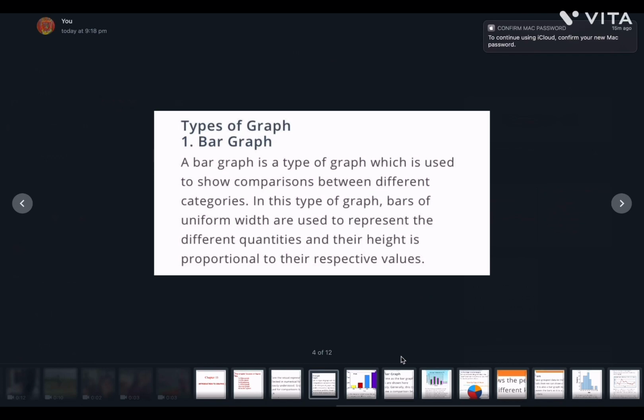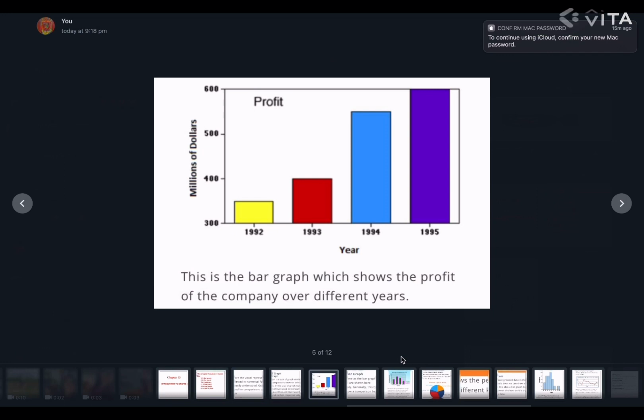Right, students? So here you can see one bar graph on the screen. This bar graph is showing the profit of a company over different years. Here you can see years are there: 1992, 1993, 1994, 1995, and the profit earned by the company is shown to you.